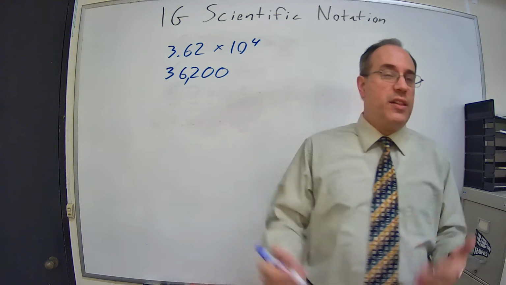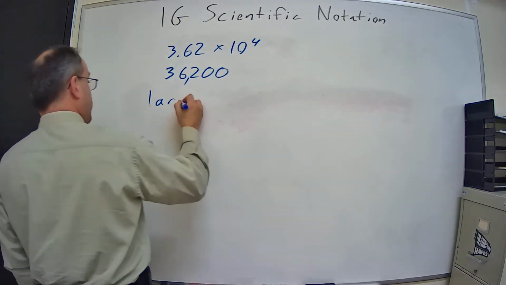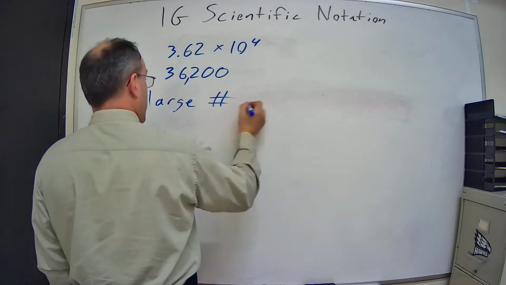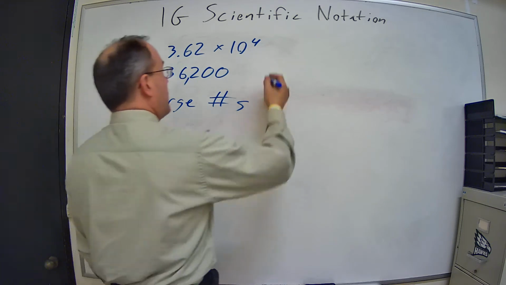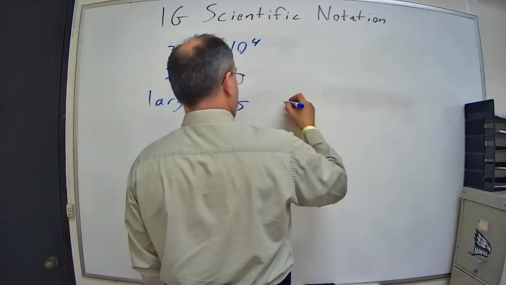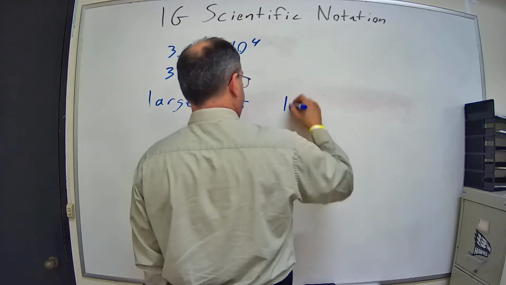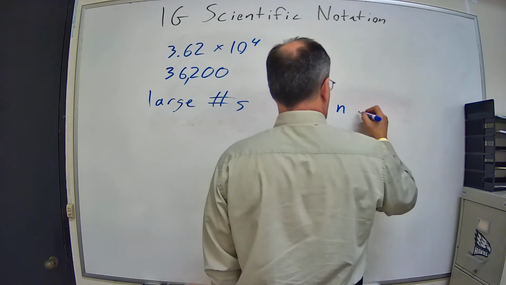So when we are dealing with large numbers, the exponent, or power of 10, n, will be positive.